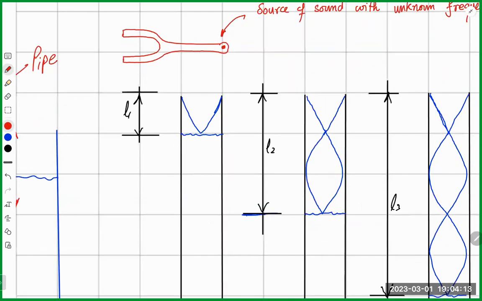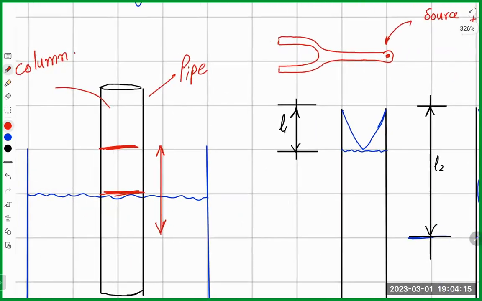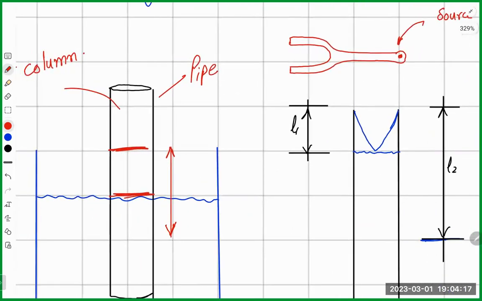What we do is we remove all of the air from the pipe, so we almost fill it with water, and then we gradually make the water level come down, and we wait for the first stationary wave to establish.